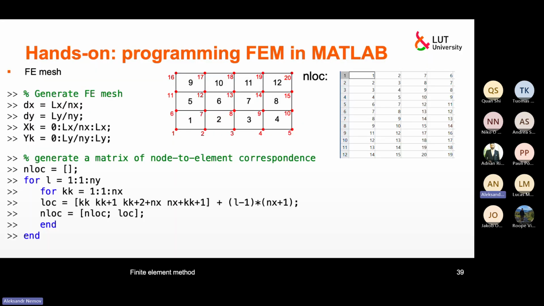Then let's do this thing with this mesh. We need to somehow store this mesh, so the information about elements and about nodes. We don't really need to store elements as a separate array here.